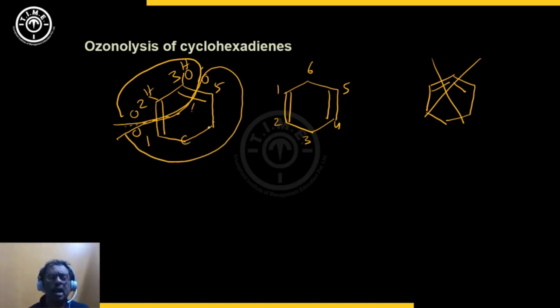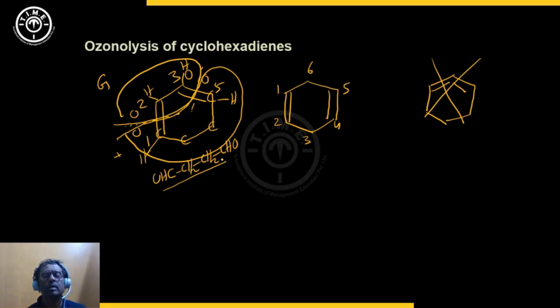So a carbon here, a carbon there, a carbon there, and a carbon there. There is a hydrogen here also. So it is butane 1,4 dial. CHO, CH2, CH2, CHO. Correct? And a glyoxal. So one glyoxal and one butane 1,4 dial.